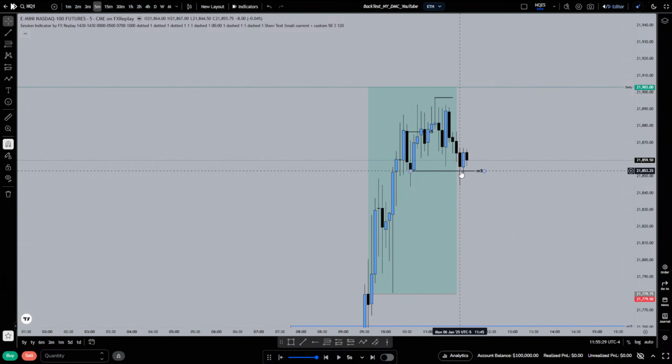Now this level needs to be broken if you want to go further up, or if not, we're gonna come back down because we pretty much tested this level.